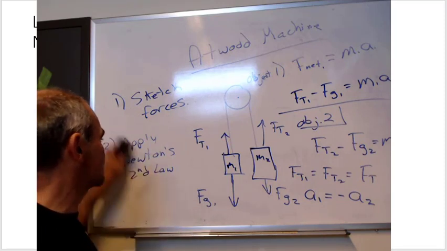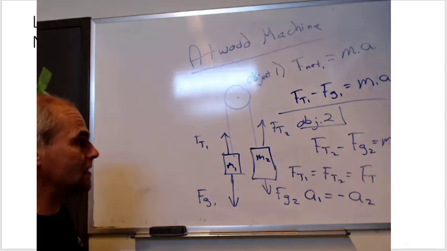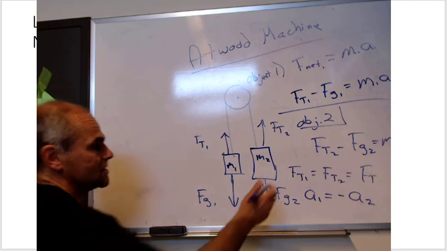Okay, I'm going to erase some of this text and then find out what that acceleration is, just like I did for the hanging block problem. So I'm going to simplify these equations.